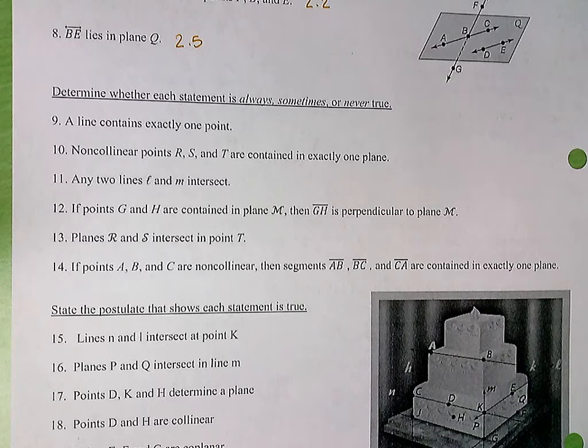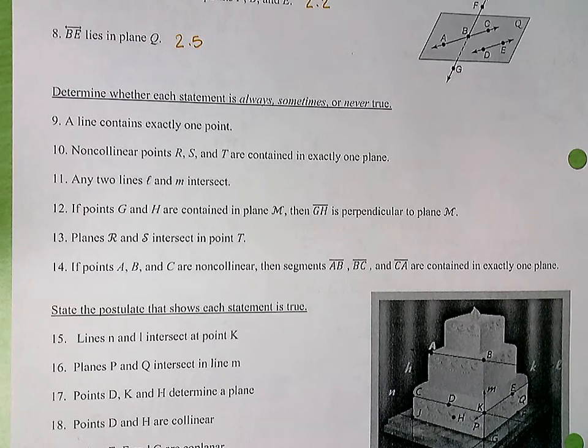All right, so next section, what you want to do is determine whether each statement is always true, sometimes true, or never true. I want you guys to do these ones in your groups.